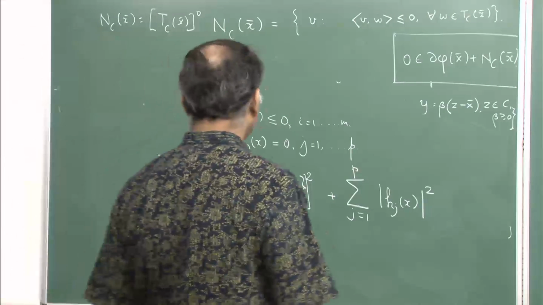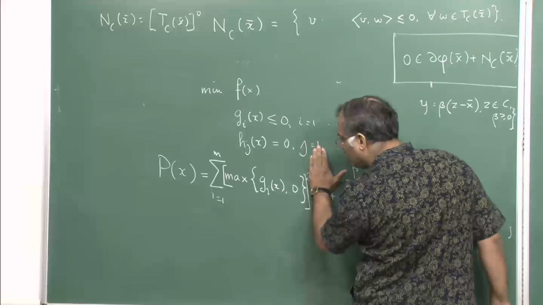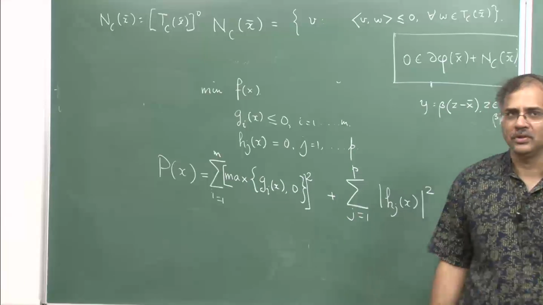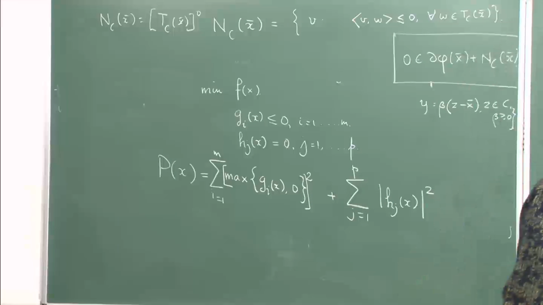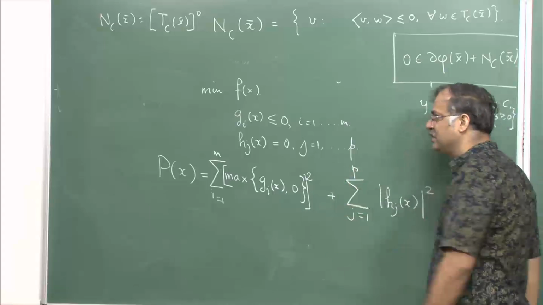The interesting part here is that if you do not take the square, then max of g_i(x) and 0 is not a differentiable function. It is non-differentiable in general, but if you put the square, it becomes a differentiable function.